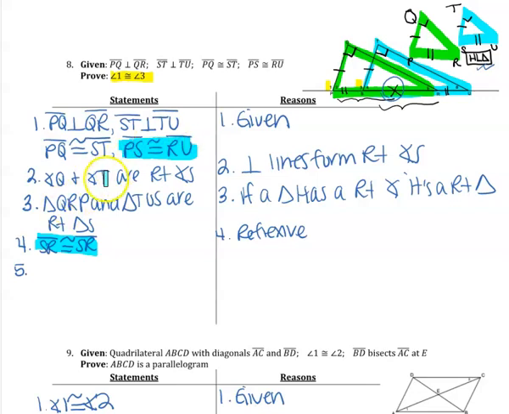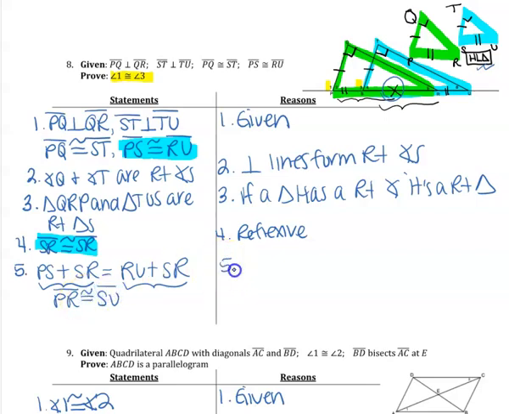Okay, so those are being added. All right, now what's another name for PS and SR? That's PR. What's another name for RU plus SR? That is SU. Okay, and that's my addition.